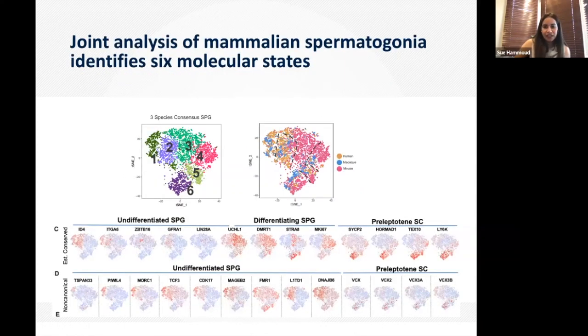And so what you can see here is that human and macaque heavily occupy the first 2 clusters of the spermatogonia trajectory, whereas mouse heavily occupies clusters 3, 4, and 5, which are the transient amplifying divisions within the mouse testes.